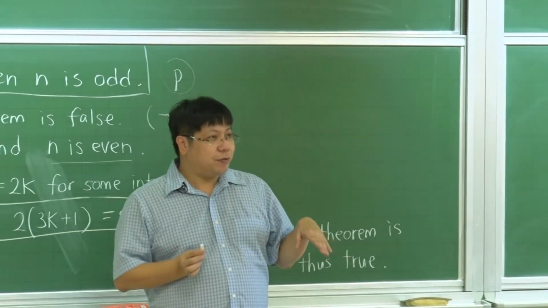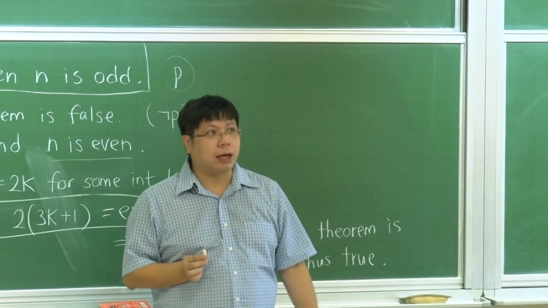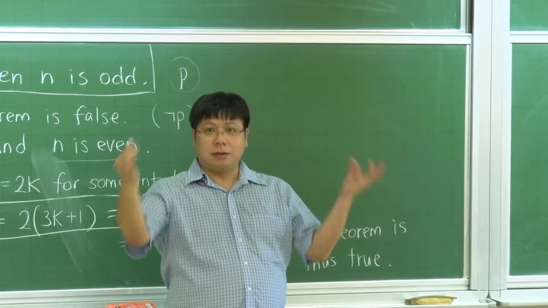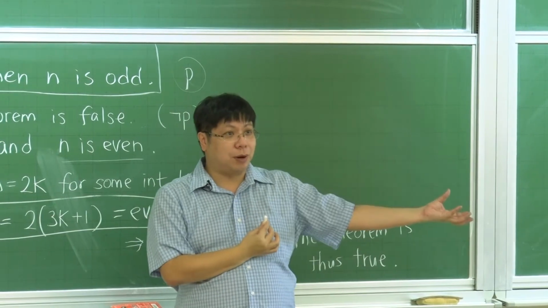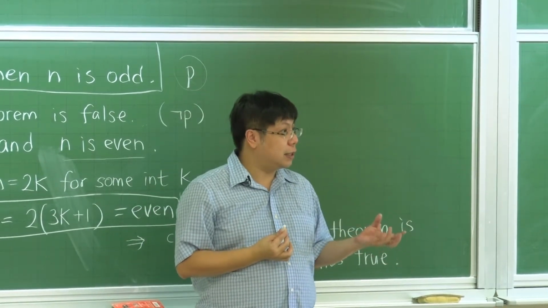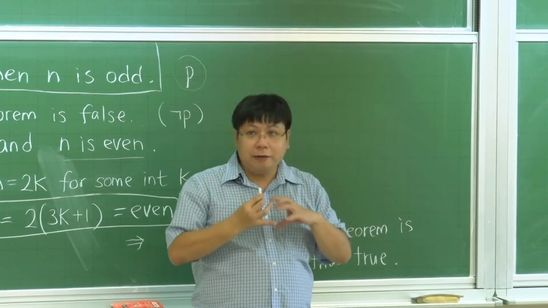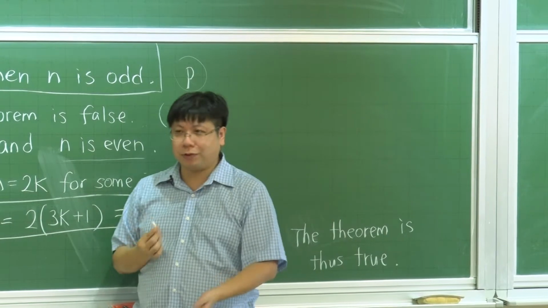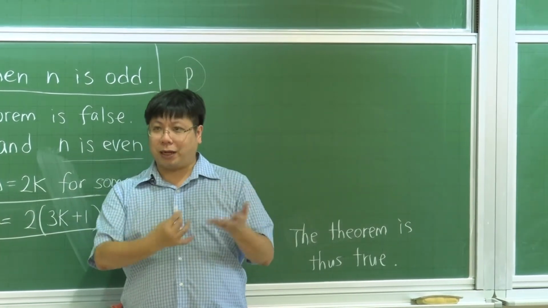If a direct proof, then we will need to say that, okay, if I get an integer of this one and integer of this one, then the ratio cannot be equal to square root 2. But in that case, there are many choices of the integers that we need to check. There are infinite choices, and we don't have time to check them one by one. We check it is not equal to 1 over 2. We check it is not equal to 1 over 3, and so on and so forth.